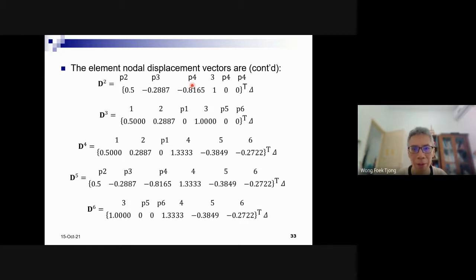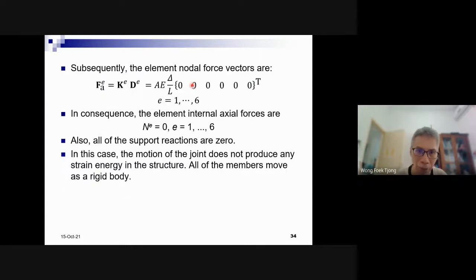And then the next step is what? We can calculate the member force, because from here we already know K, the stiffness matrix for each element, element number 1 to 6. We already know the nodal displacement factor for each element.